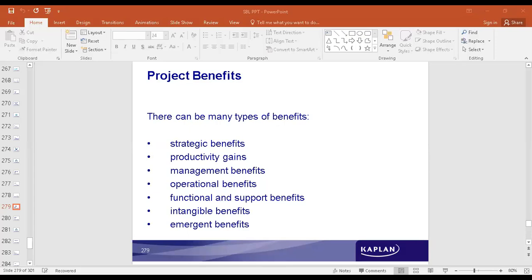So we are looking at that part of it, what benefits can be derived out of that.